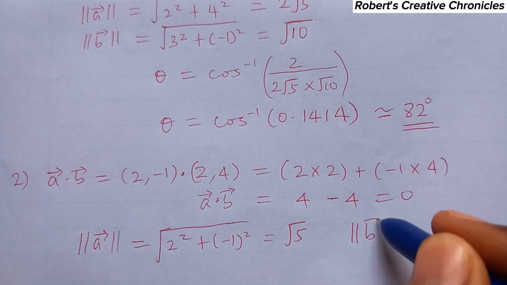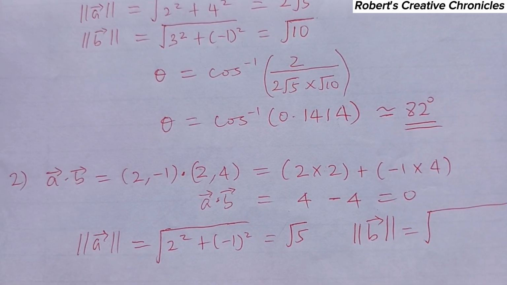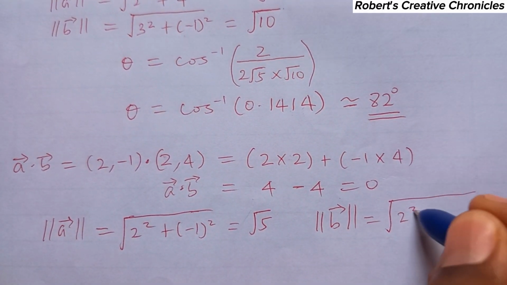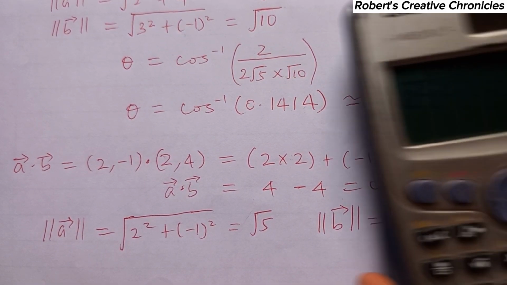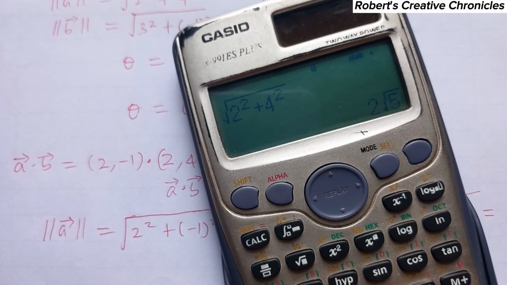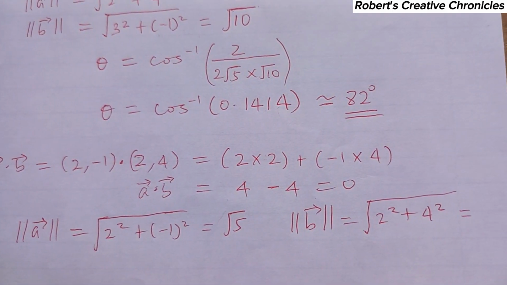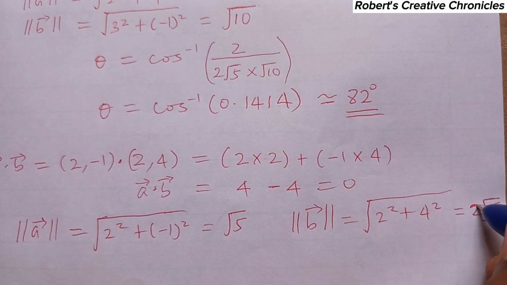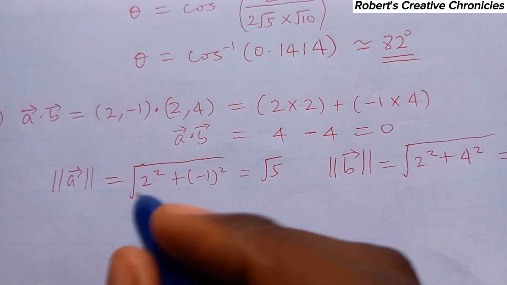Then the second one is (2, 4), so it will be 2 squared plus 4 squared, which is 2 root 5. So now we can substitute them.